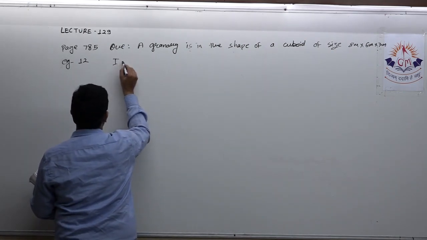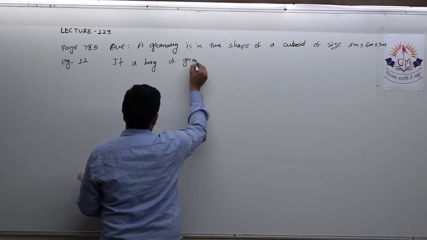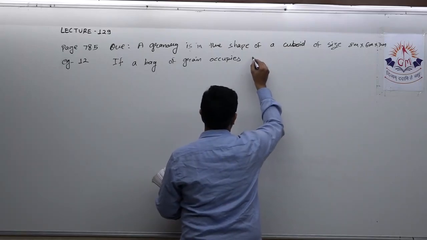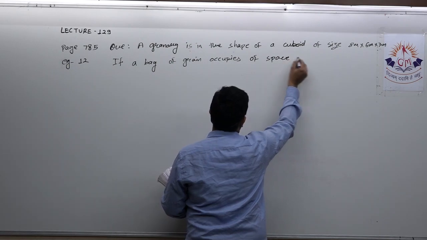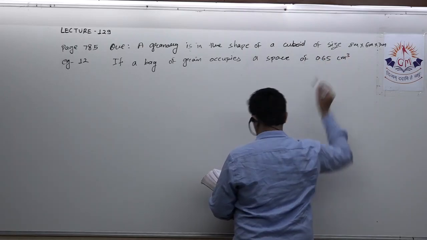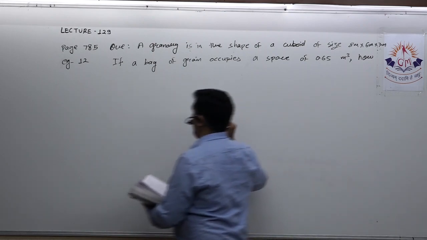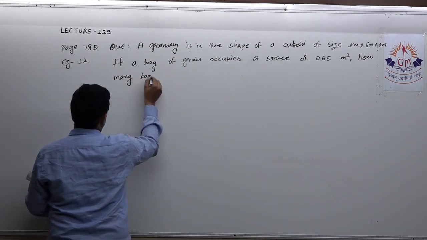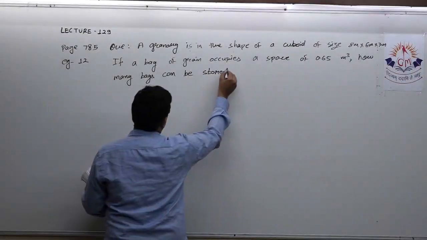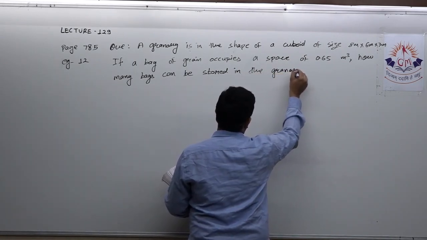If a bag of grain occupies a space of 0.65 meter cube, how many bags can be stored in the granary?